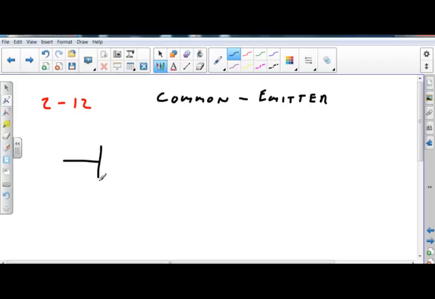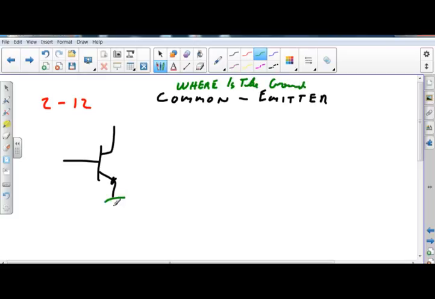So what does common mean? If I was going to come up with another word for common. Neutral. Neutral, right. So common means, where is the ground? Where is the ground?